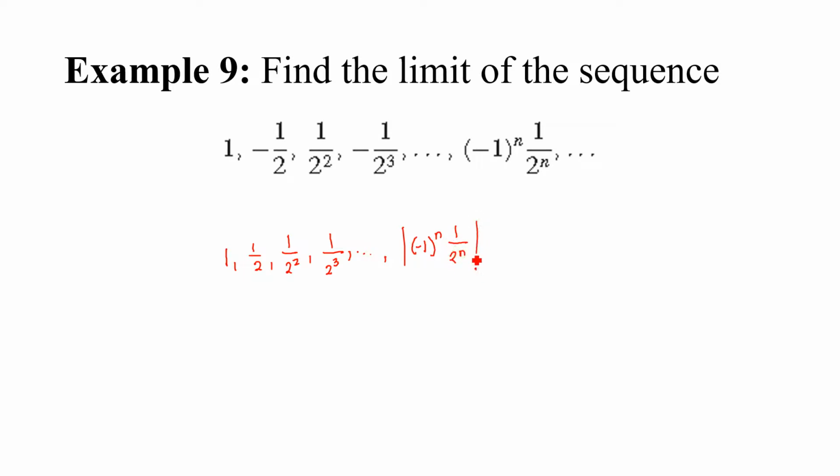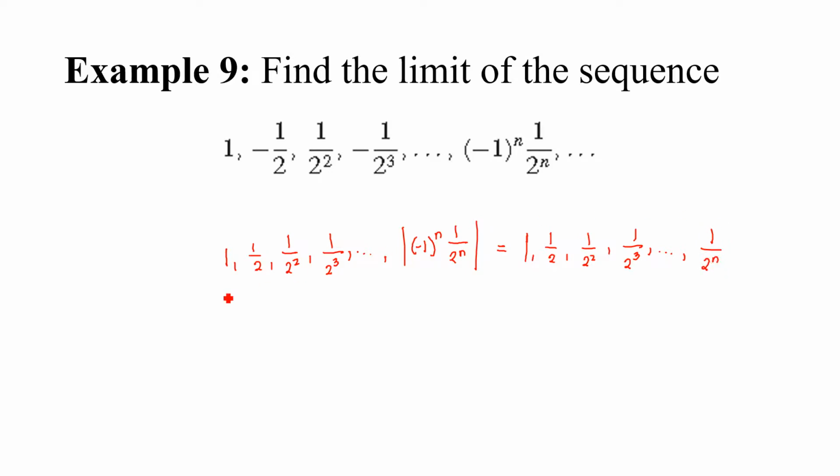If this is the case, then clearly this is just the same as 1, 1 half, 1 over 2 squared, then 1 over 2 cubed, and so on, which has a general term of 1 over 2 raised to n.